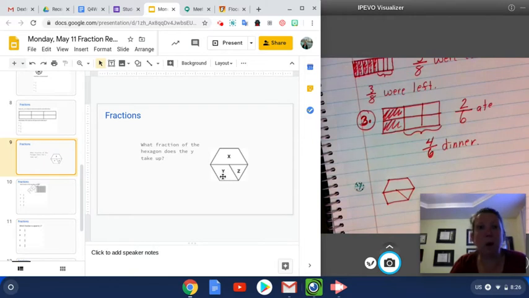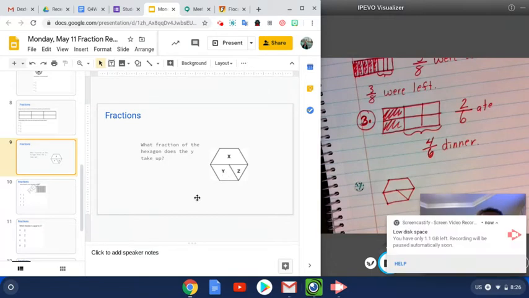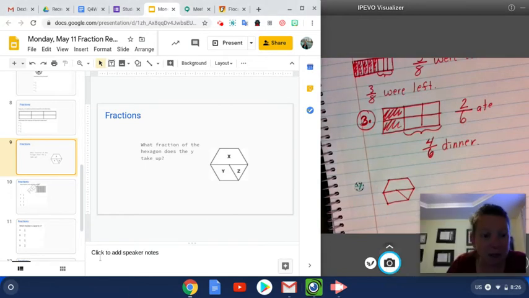How many rhombus would it take to fill up this hexagon? 3. So the y takes up 1/3 of our entire hexagon.